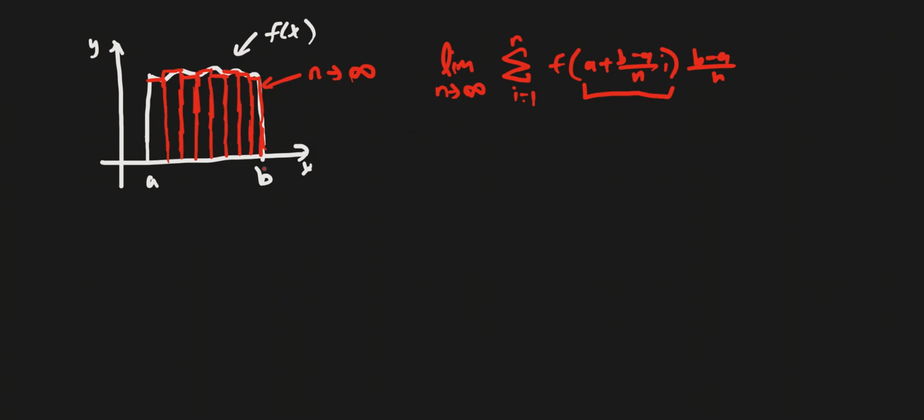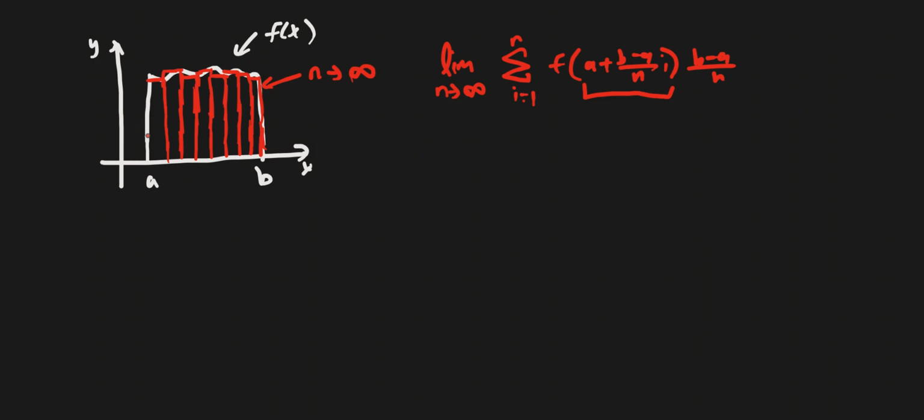If we look at b minus a, that's this distance right here. If we divide that by n, the number of rectangles, we get the width of each of the rectangles. A plus b minus a over n: a is what we start off with, that's the left bound, right?